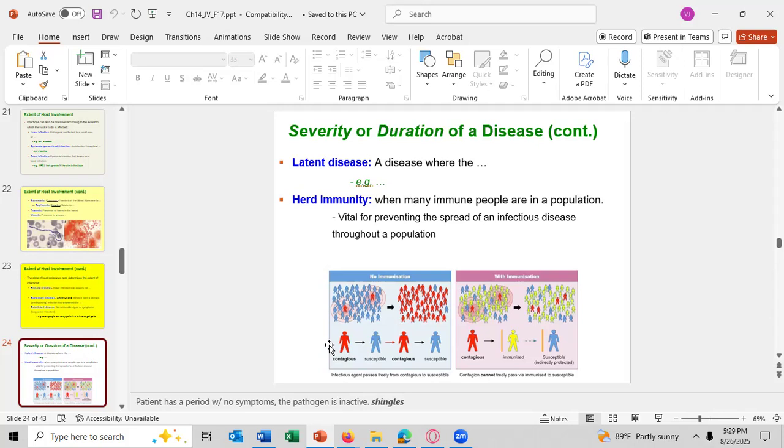But the virus can come out of latency and start replicating and then doing damage to the body, in which case the latency goes away and then the disease comes back. And most latent diseases that I know of are caused by a virus.